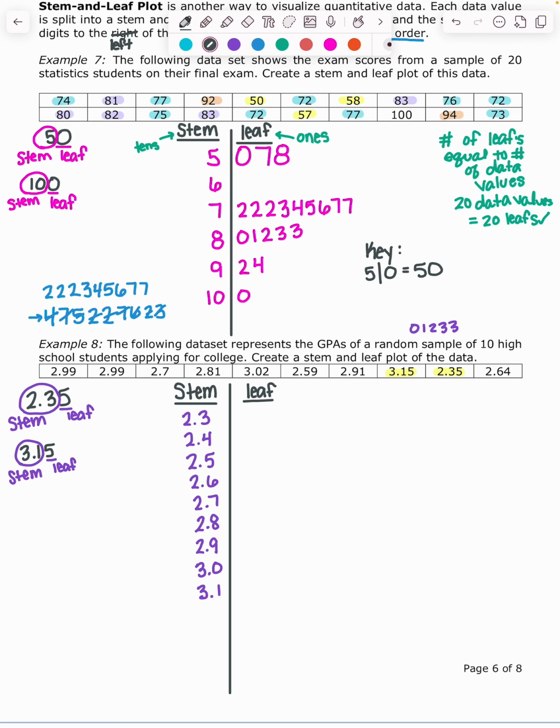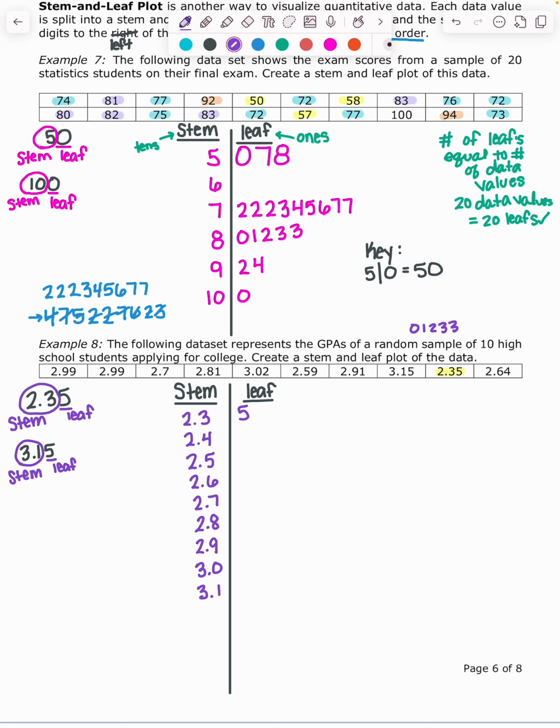So I've got my 2.35. Are there any more 2.3s? No. So just 2.35. 2.4s? Any 2.4s? Nope. So we're just skipping that line. 2.5s.